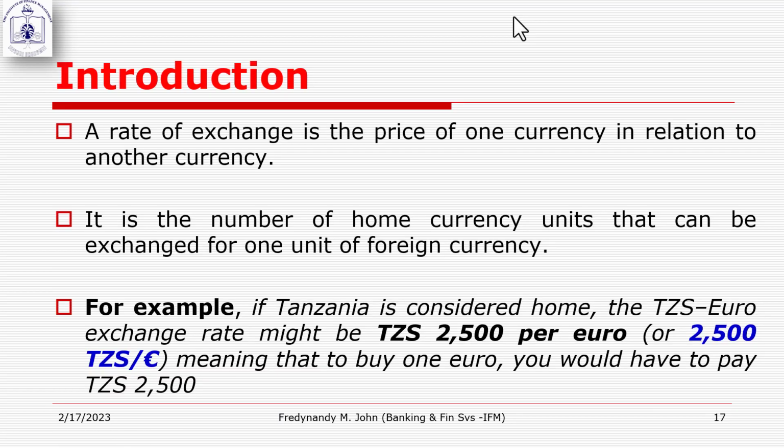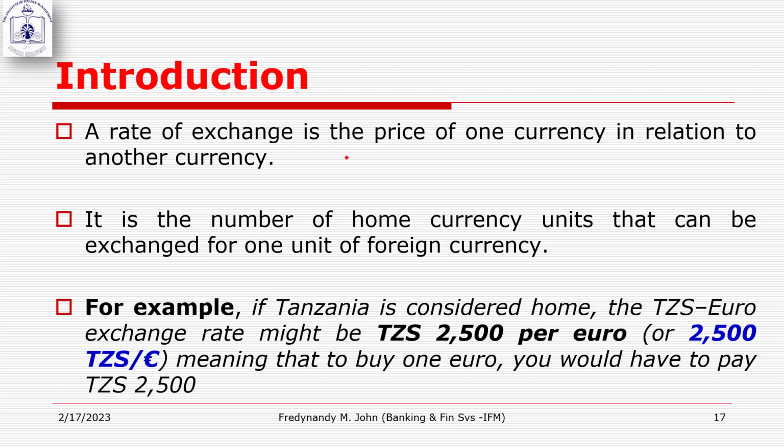Now, what is an exchange rate? An exchange rate simply means the price of one currency in relation to another currency. It means the price of buying the currency of another country, not of your own country.